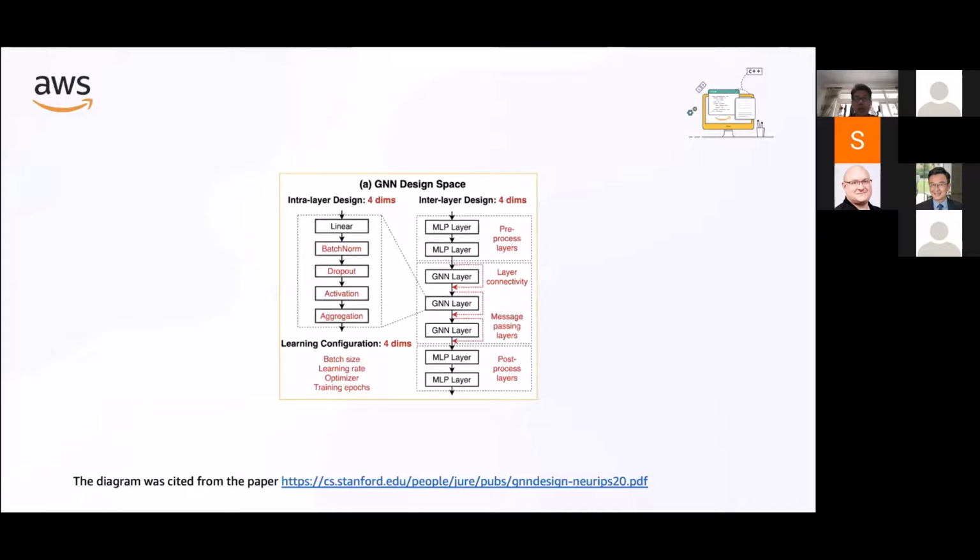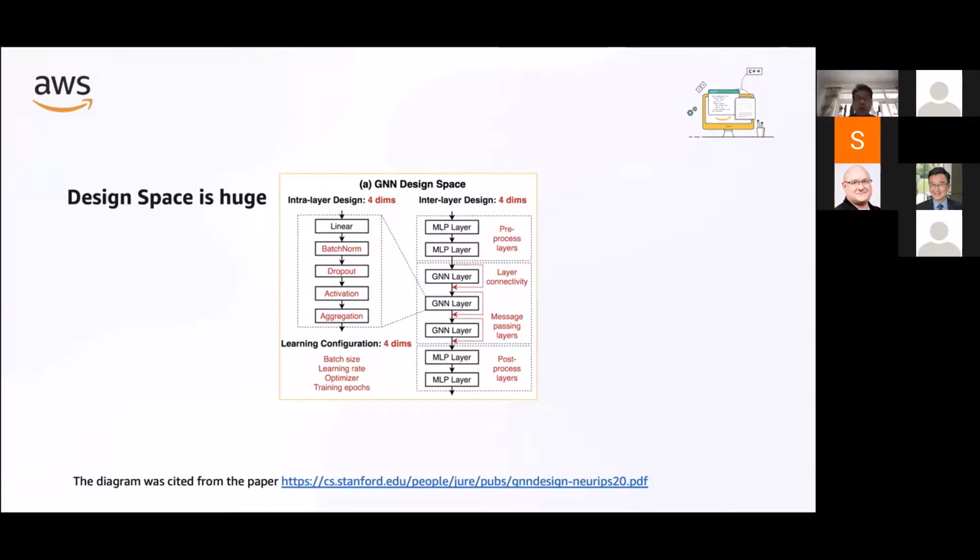You can see this, which I cited from a research paper from Stanford University's Jure group. They give this design space for a simple homogeneous graph GNN model. Even with this simple design space, there are more than 64 dimensions to design a common GNN model.